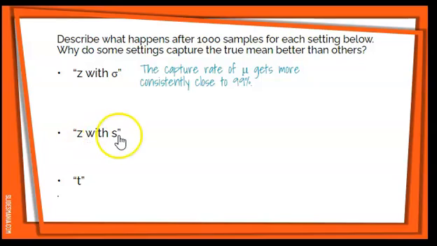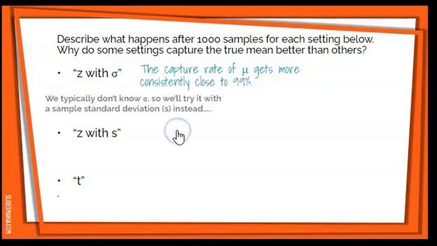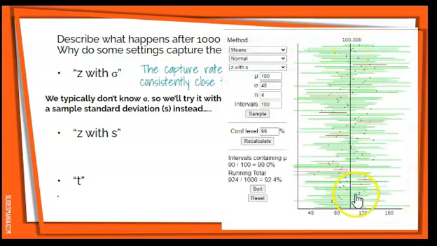But the reality is, if I am trying to use z and all I have is the sample standard deviation, I don't have the true population like up here. All I have is the sample. What do? Well, here I ran it with just the sample standard deviation. So you can see in 1,000 of them, I didn't get a true capture rate of 99% confidence. What I really got was 90%.